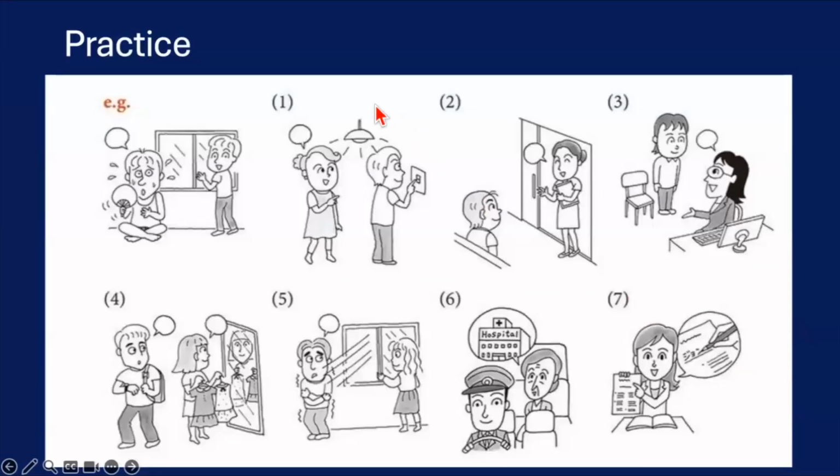So in the book there are practice exercises, so you can practice this. So number one, she is asking him to turn off the light. Okay, so you need to know the word electricity, the light, denki, and to turn off something is kesu. So what's the te form of that? Keshite.